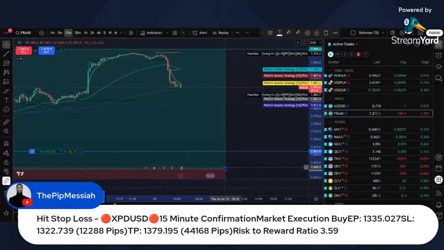Right, so now about 40 seconds left to the quarter of the hour. So whether or not we get some opportunities ahead of the market.